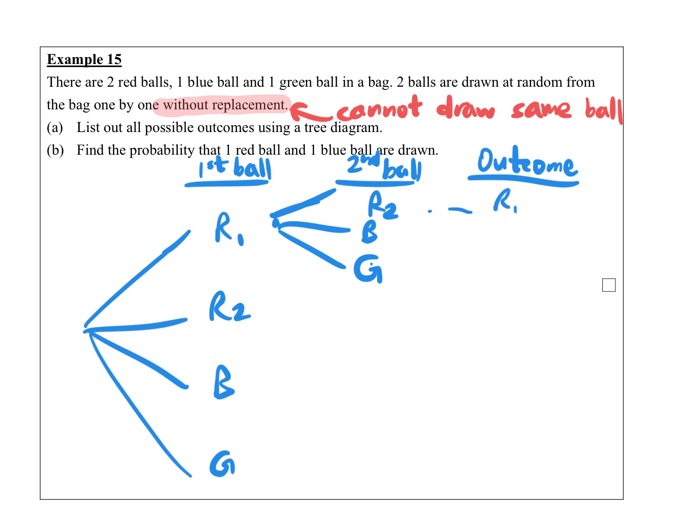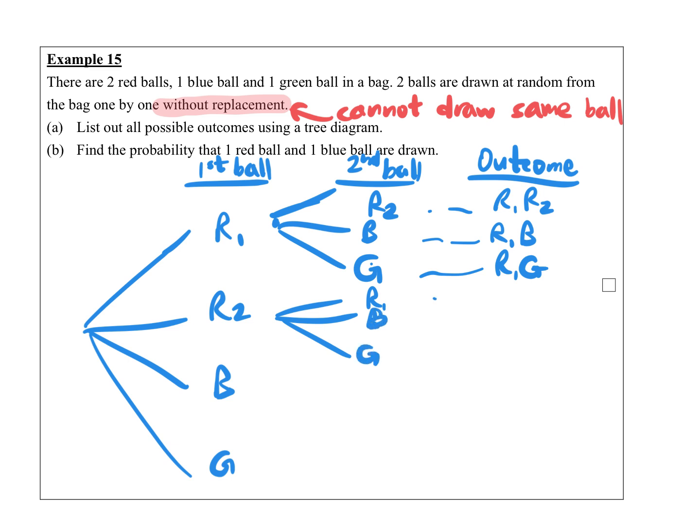The first red ball is already gone. So can you draw 2 red balls? Yes, because there are 2 red balls in the box, but you won't draw the same red ball twice. And does that have an effect on probability? We will see soon once we fully draw this diagram.